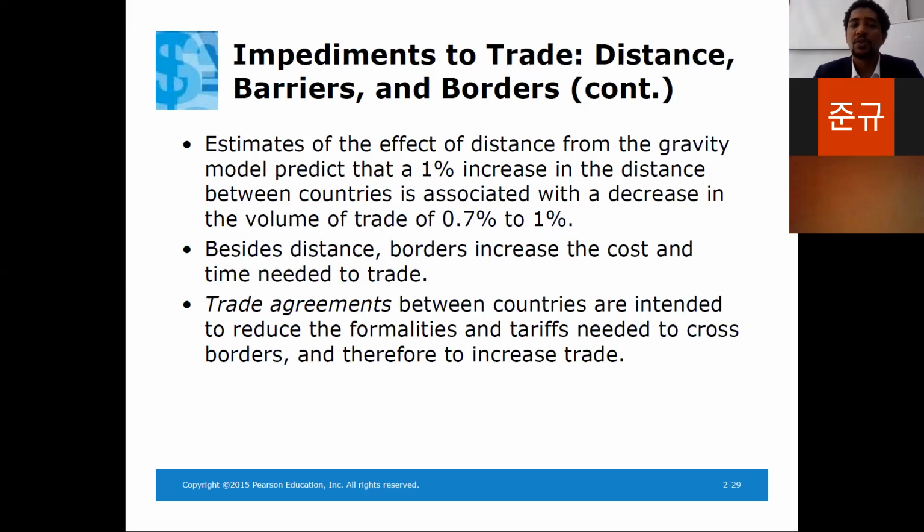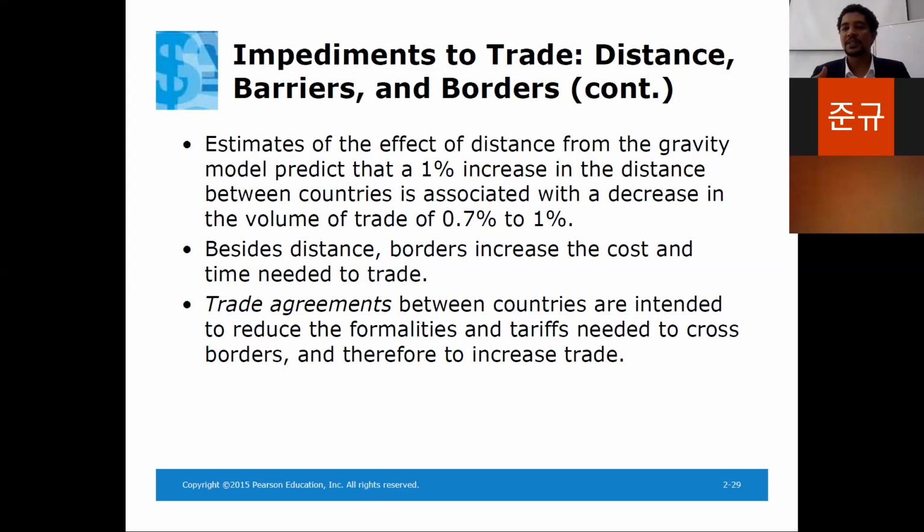Okay. So there is an estimate that the effect of distance from the gravity model predicts that a 1% increase in the distance between two countries is associated with a decrease in volume of trade of about 0.7 to 1%. So if there is a 1% increase in distance, then the trade between these two countries decreases by about 1%.